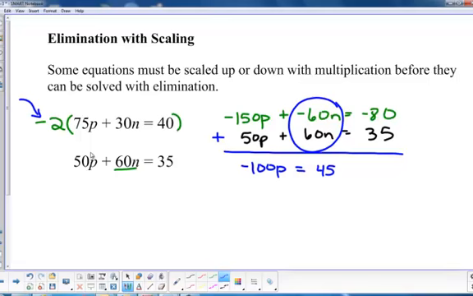I guess you don't even need a calculator, because we're only dividing by 100. I lost my negative on my 45 because that's negative. All right, so when we divide by 100, that just means you move the decimal 2 to the left. So our answer is positive 0.45.